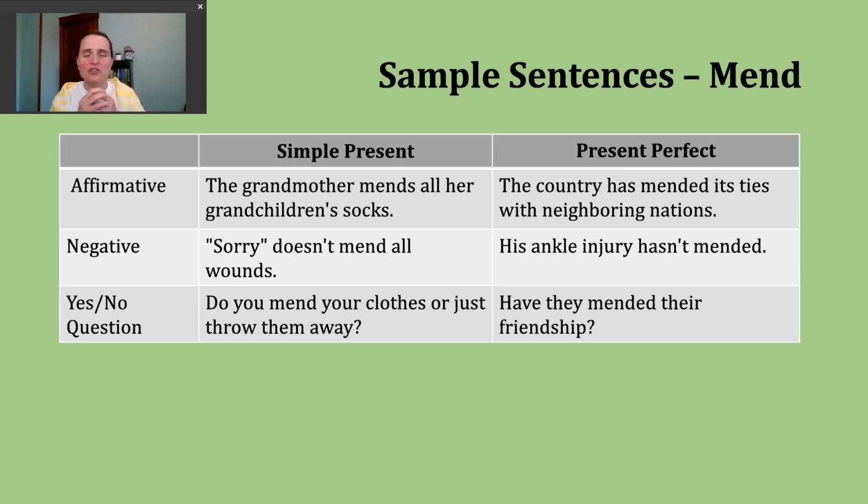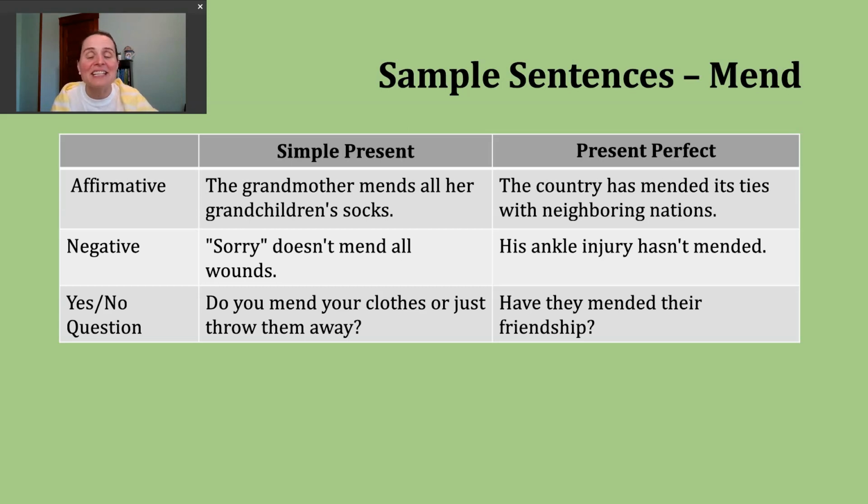So here we can just imagine one country having some difficult, challenging relationships. Maybe there have been disagreements, right? But eventually, maybe there are some talks, perhaps some apologies that lead to an improvement upon their relationship.